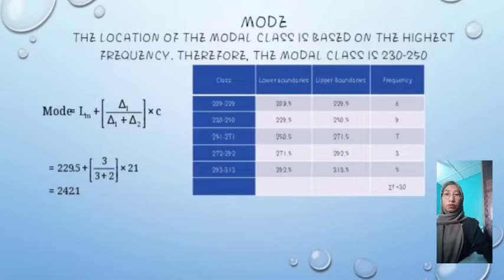Then you multiply with the class width. From the data, 229.5 plus 3 over 3 plus 2, times 21. We can get 242.1.